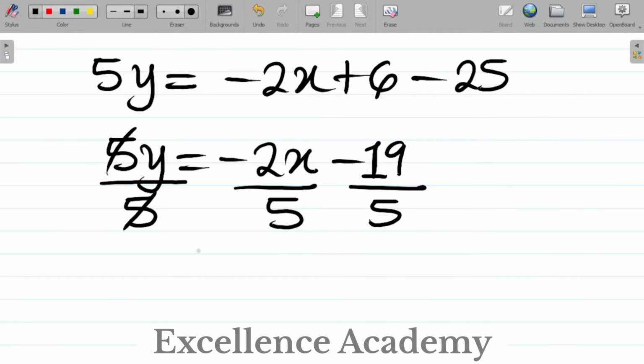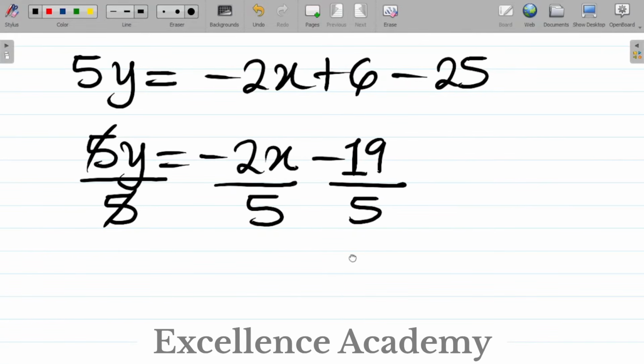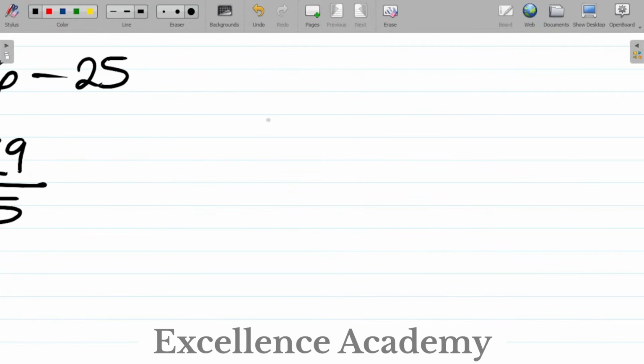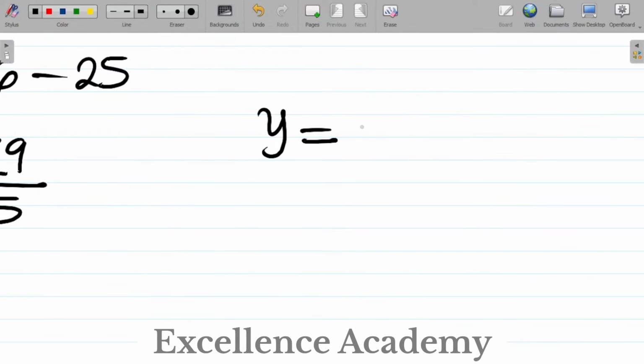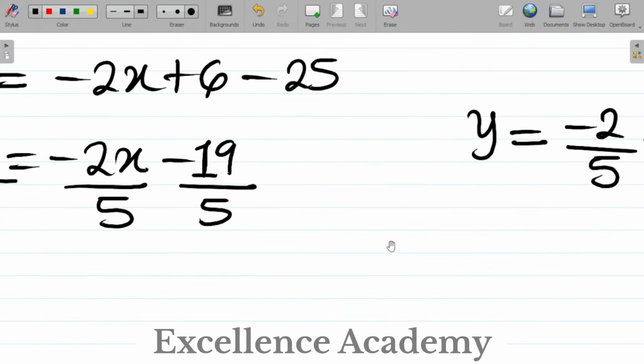So y is equal to minus 2 over 5 x, minus 19 over 5.